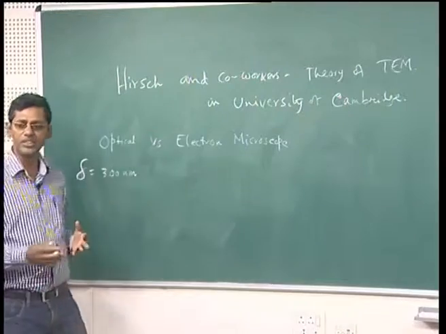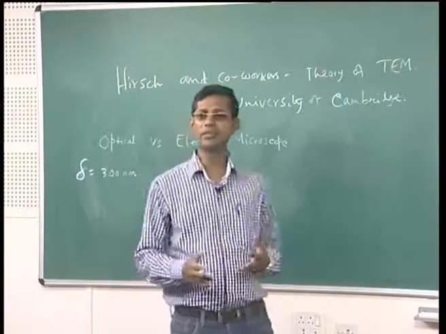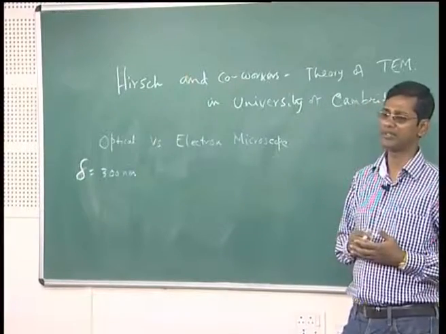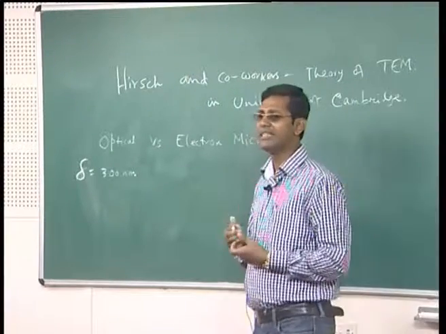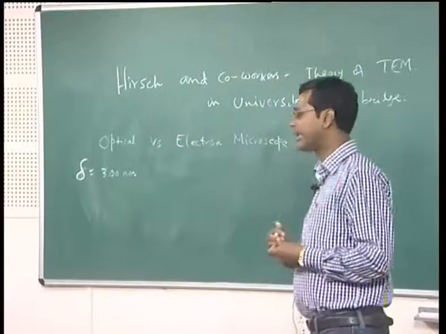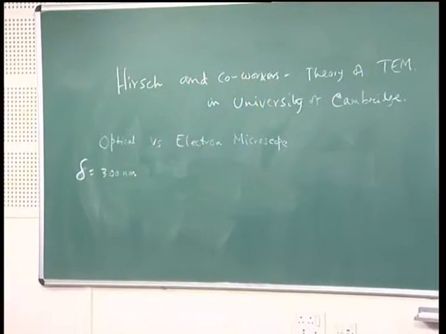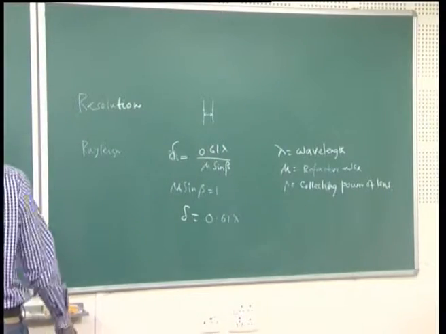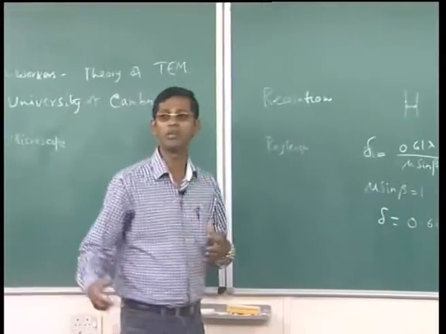So, we cannot resolve any object whose size is less than 300 nanometers. So, that was the basic need to develop the electron microscope, because we know that electrons have a wavelength much lower than normal light.